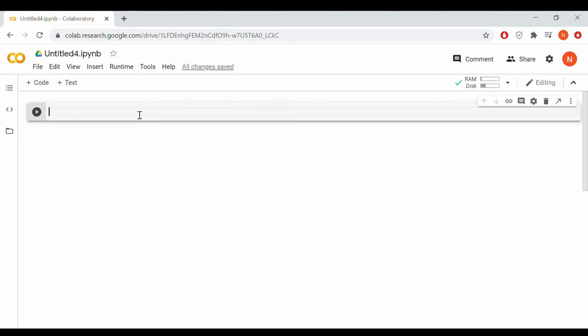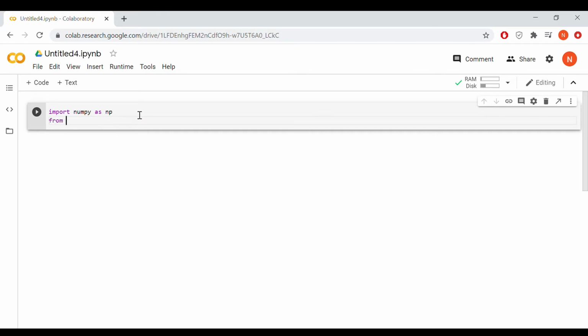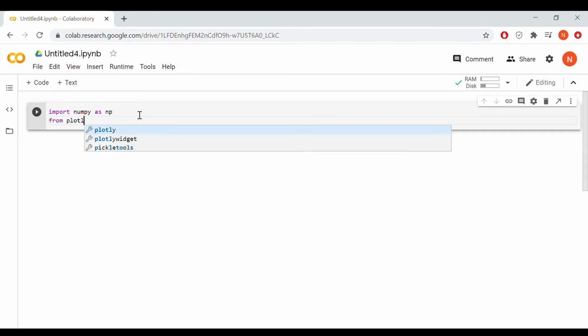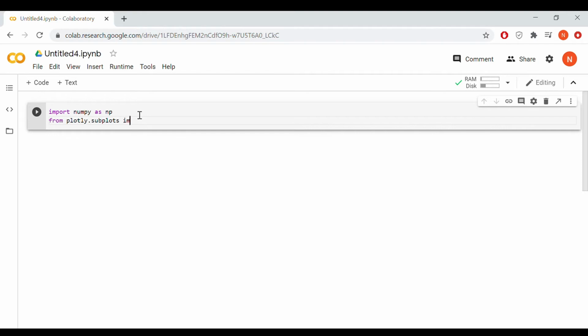Okay, so the first thing we're going to do is import all of our functions. We're going to import numpy as np, from plotly.subplots, this is for plotting, import make_subplots.